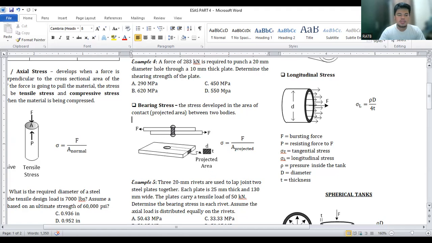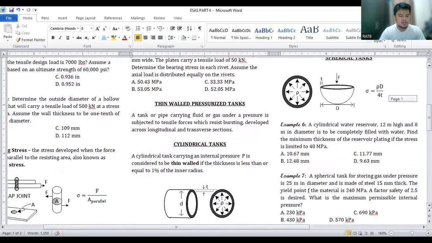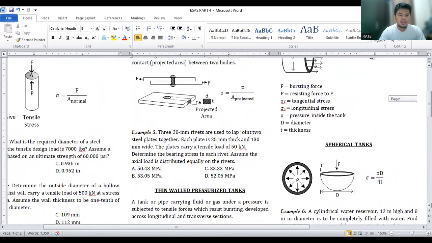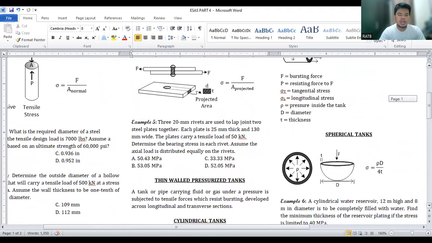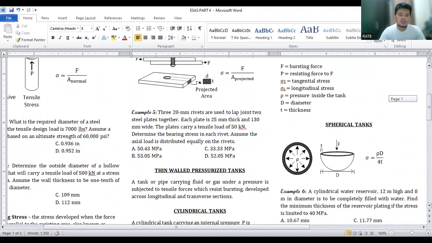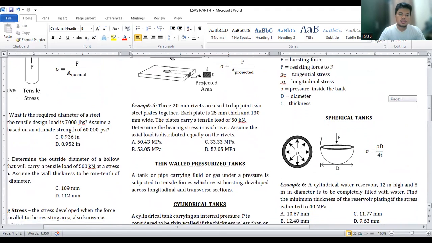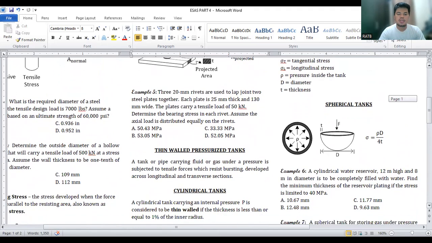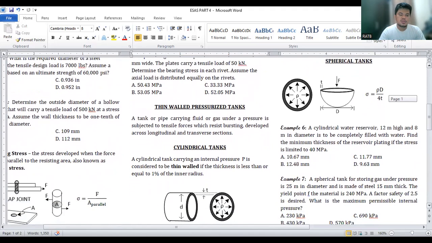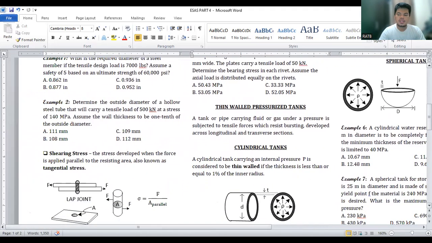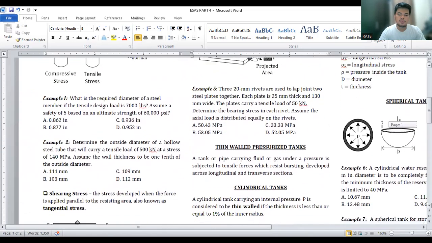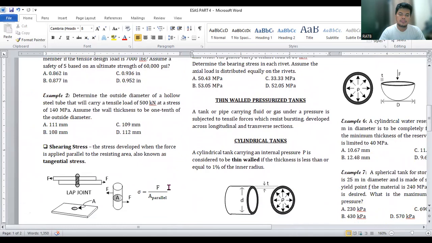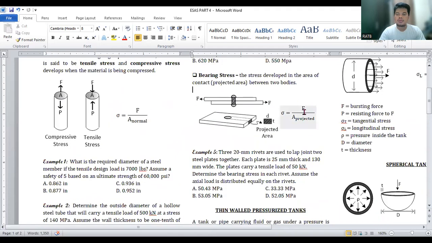As you can see, we define each of the stresses as force over area. However, the area differs in each type of stress. For a normal stress, we have the perpendicular area. For the shearing stress, you have the parallel area. And for the bearing stress, we have the projected area.